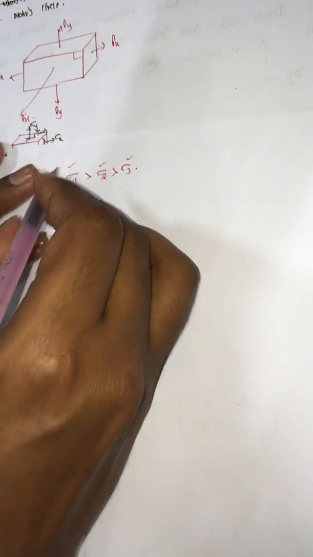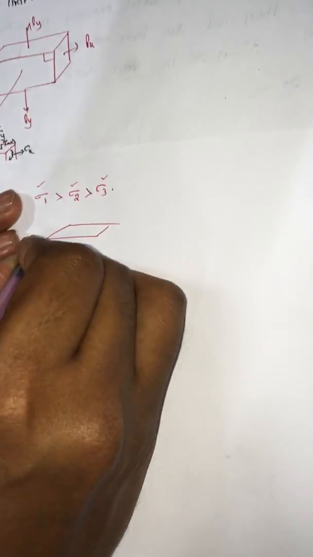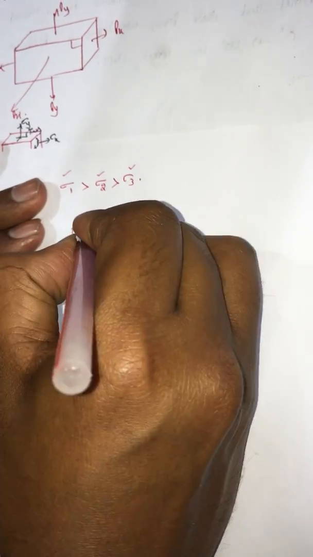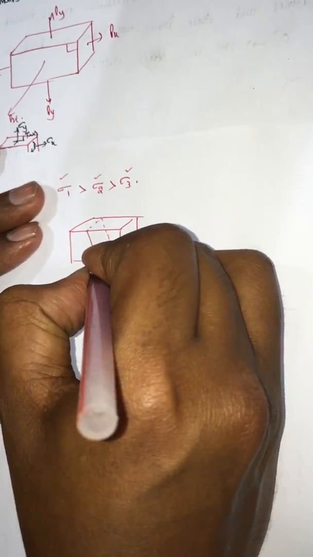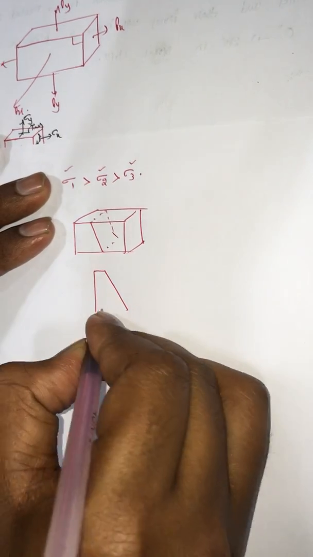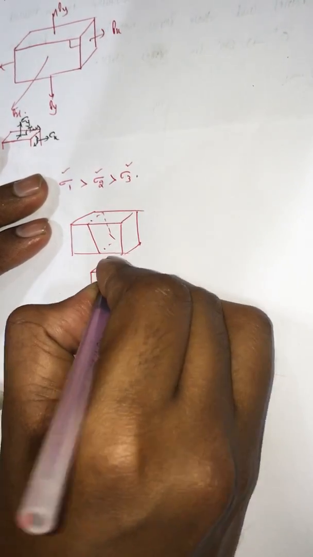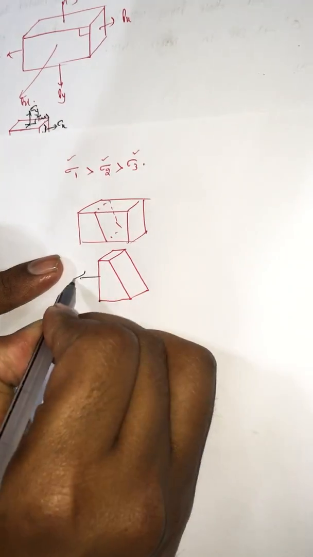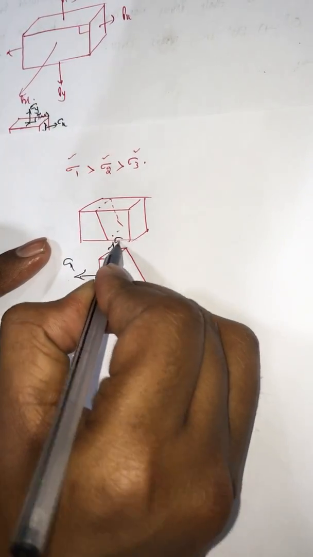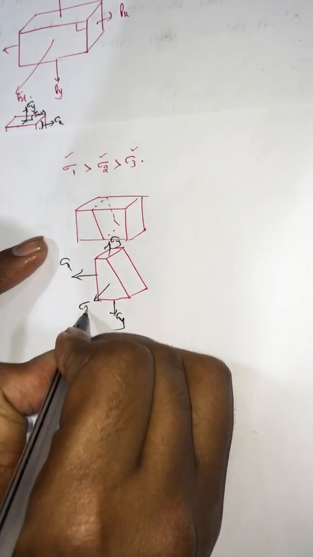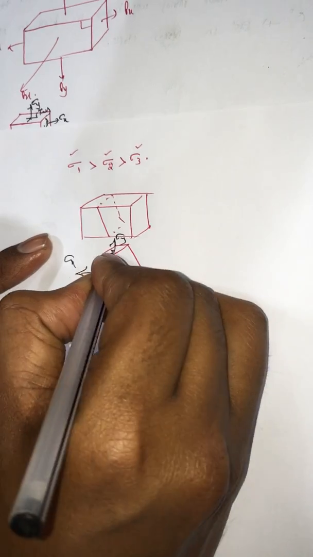3 principal stresses. If you take an oblique plane on this element, you have sigma x, sigma y, sigma z, and shears also.